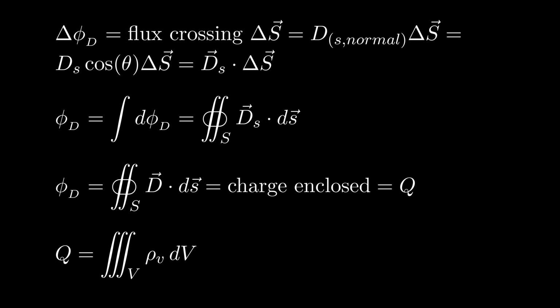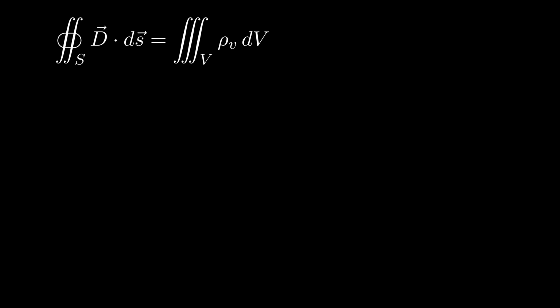Therefore, Gauss's law becomes the closed surface integral of D with respect to the surface element equal to the volume integral of rho v with respect to the volume element. Here v is denoting that the integration is taking place over the volume enclosed by the surface S. Thus, in differential notation, S is del v.